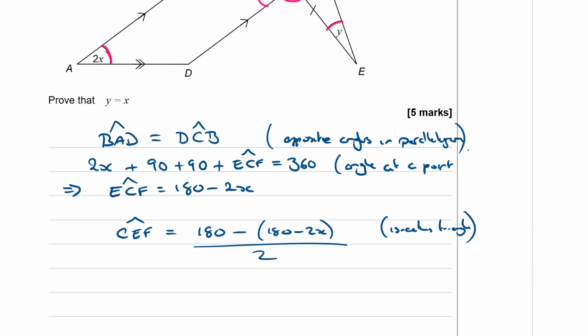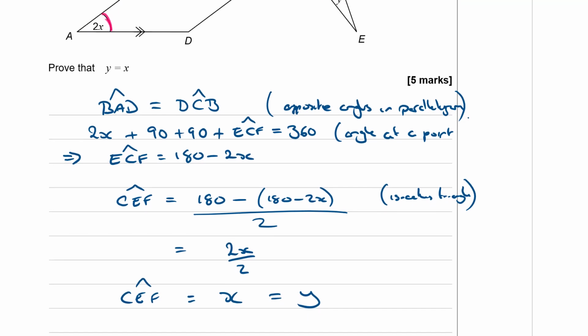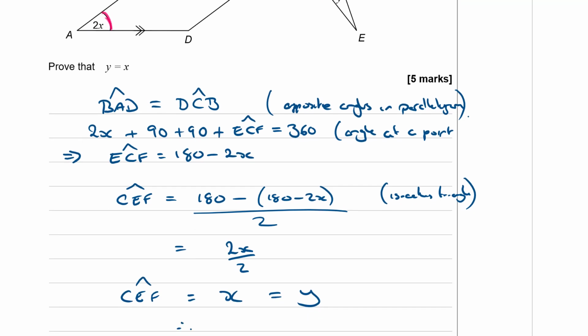So 180 minus 180 minus 2x is 2x, over 2. So CEF equals x, but we're also told that it's equal to y. So therefore x equals y.